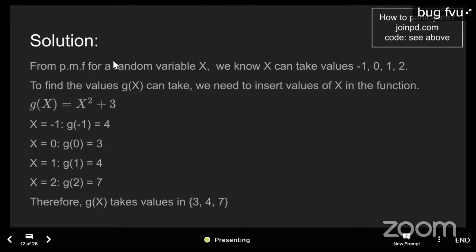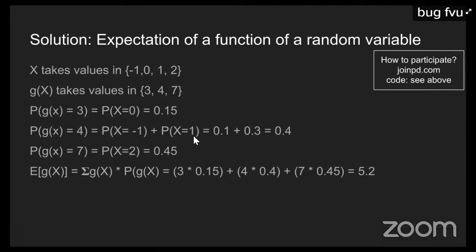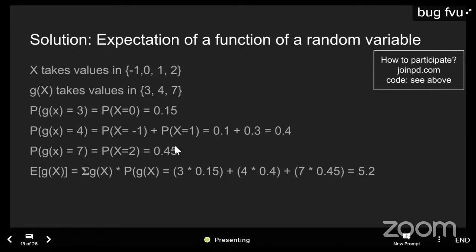Any doubt in this? No doubts. Okay, so now let's assign probability to it. g of x will take the value 3 when x takes the value 0, and the probability of x taking the value 0 is 0.15. g of x will take the value 4 when x is either -1 or 1. So the probability that g of x takes the value 4 is probability x equals 1 plus probability x equals -1, which is 0.1 plus 0.3, which is 0.4.